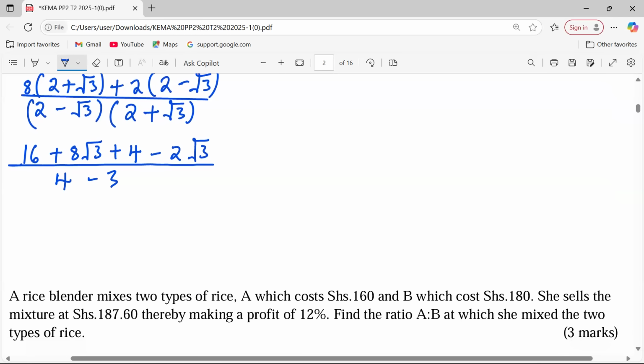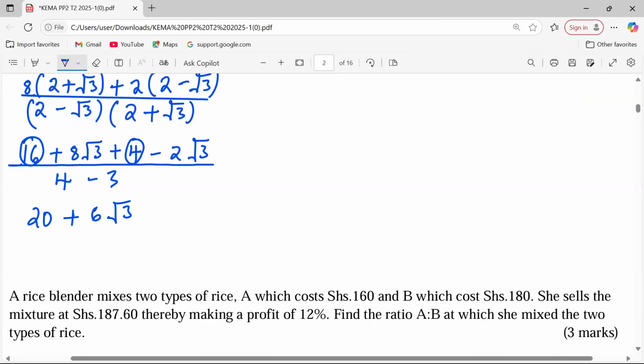But before then, let's combine like terms on the numerator, whereby 16 combines with 4 to give us 20. Then 8 root 3 minus 2 root 3 gives us 6 root 3.